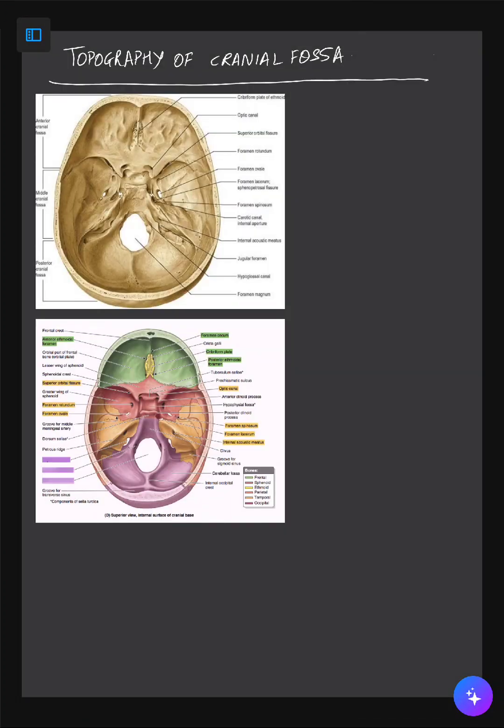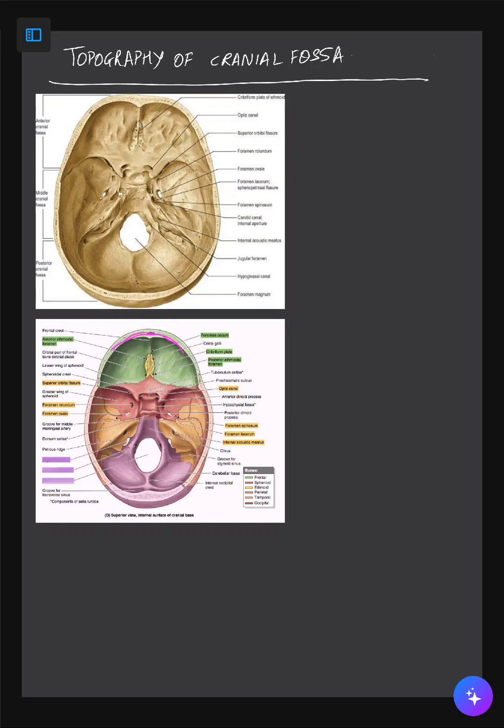Now next is topography of the cranial fossa. There are three: anterior, middle, and posterior. Now anterior cranial fossa, the borders are anteriorly the frontal bone.